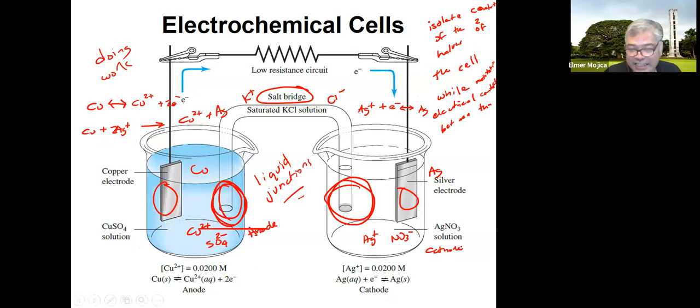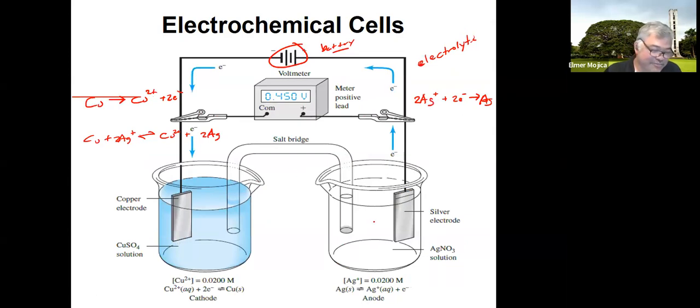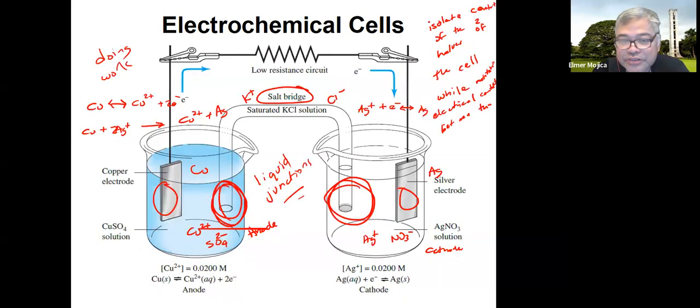Now, in the electrolytic cell, is it the same? This now is your anode. And this is your cathode. So the anode is always where... wait, I think I made a mistake.